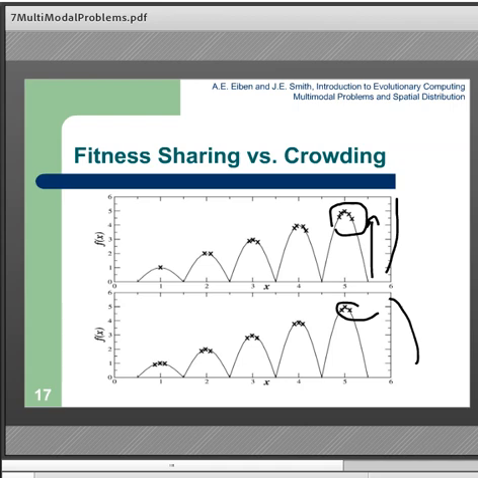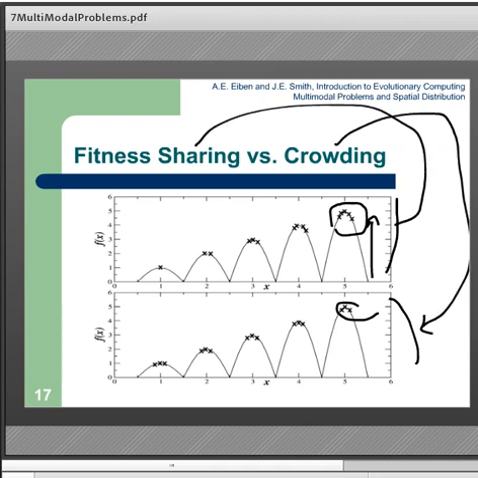The second is crowding, where we don't know about the problem, so we have the same number of population in some local maximum.